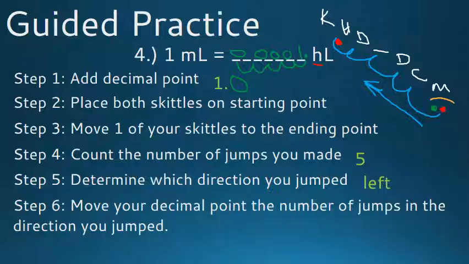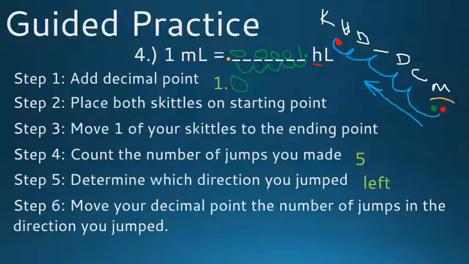I'm not adding 5 zeros because the 1 is already to the left of the decimal point. So the decimal point has to pass it first. So it stays. We don't add a 0 for it. The 1 is already there. But for the rest of our jumps, there are no zeros there, so we have to fill those in. That means our decimal place is now over here.